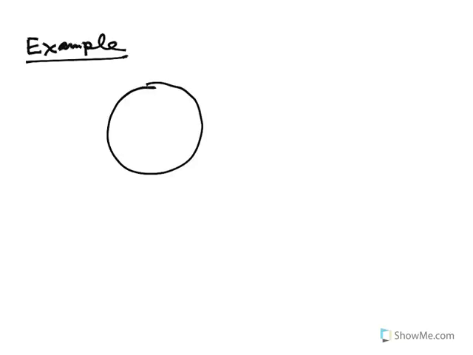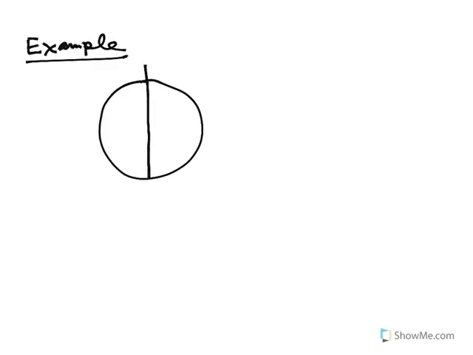Now let's do an example to show how we can actually use intrinsic coordinates to solve a problem. In this problem, I have a particle that moves on a circle, except that rather than defining all my distances from the center of the circle, I'm going to define all my distances from a bottom point on the circle.